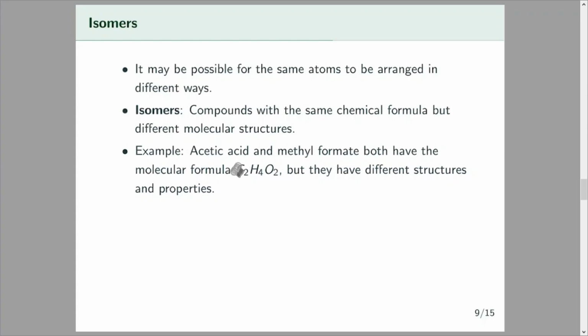But when molecules interact with others, how they're arranged matters. So you can have 2 different molecules with the same chemical formula that act differently because their shape is different. Acetic acid and methyl formate both have the same molecular formula, but they have different structure and different properties.